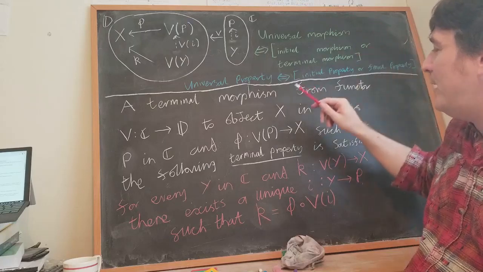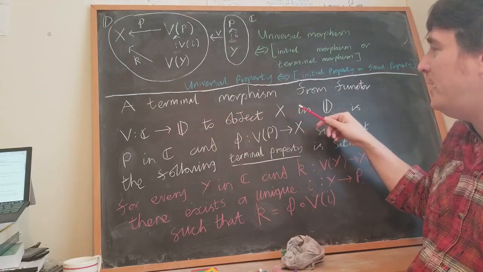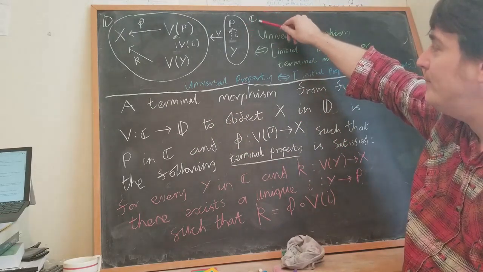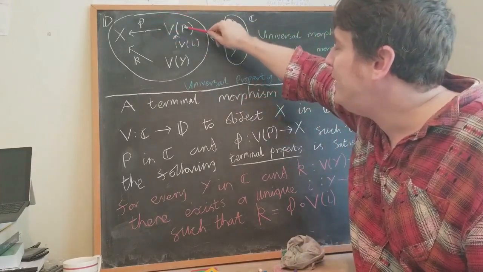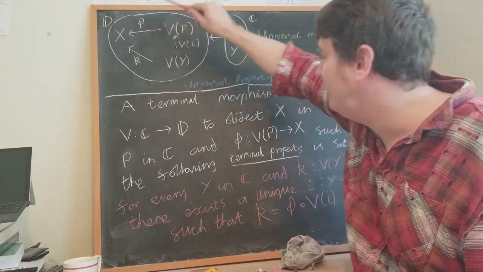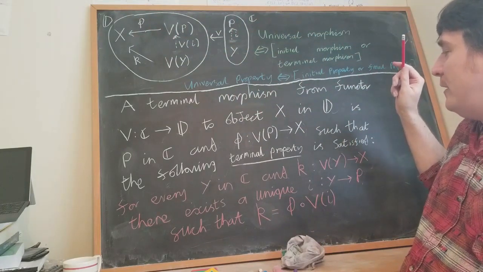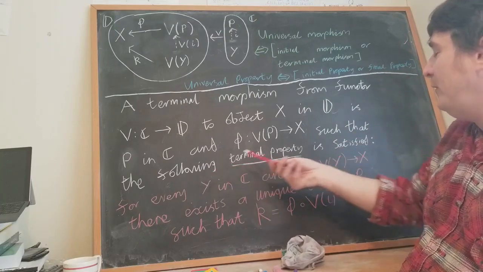And we're saying it goes from V to X. Well, what is it? It's an object P in this source category C and an arrow phi, which goes from V of P into X, okay? And it has to be such that this terminal property is satisfied.